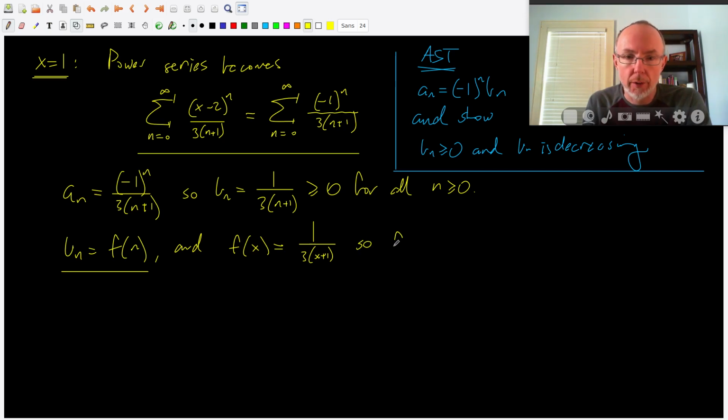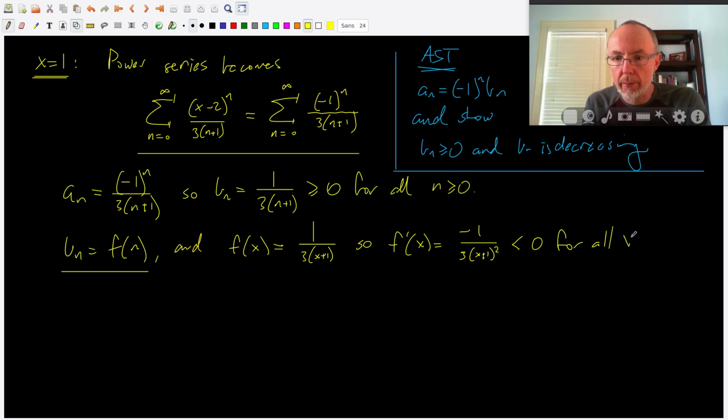So we've got f of x, so then f prime, the derivative of this, is going to bring out a minus 1, and then we're going to increase the power to 2 in the denominator, and that's definitely less than 0 for all x that we care about, for all x where it's defined, in fact.